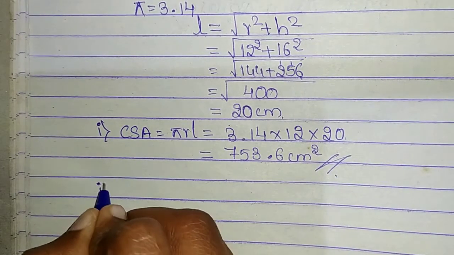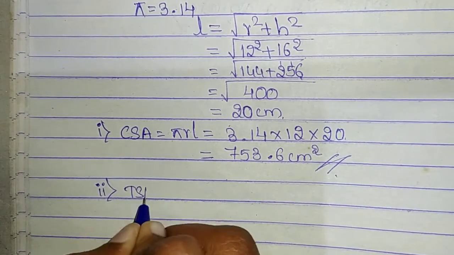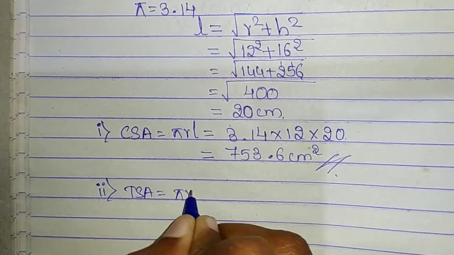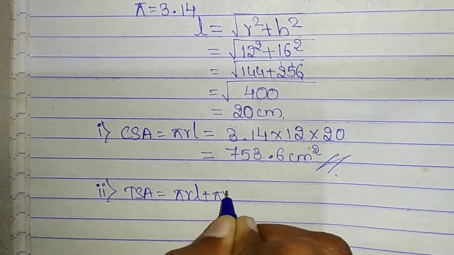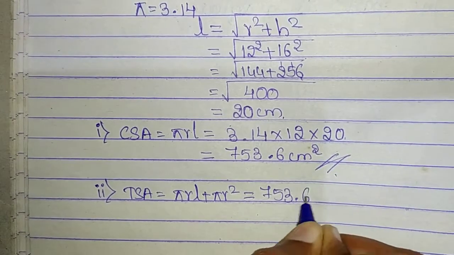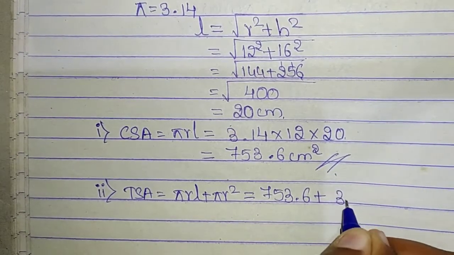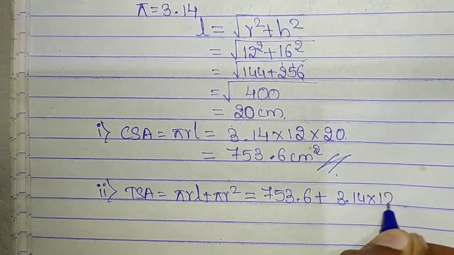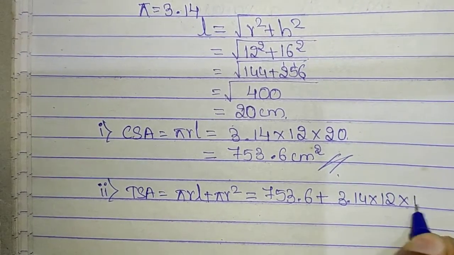We need to find the total surface area, and TSA is equal to pi RL plus pi R square. We know the value of pi RL, which is 753.6, plus 3.14 into 12 into 12.